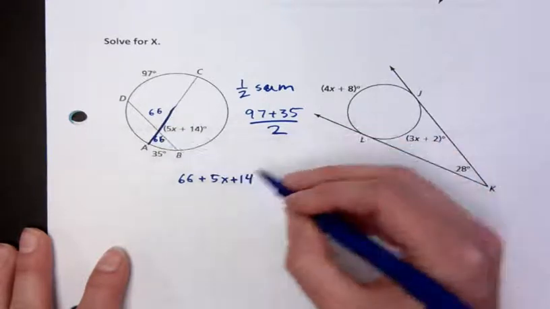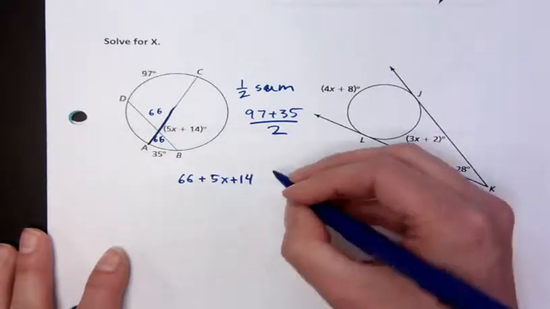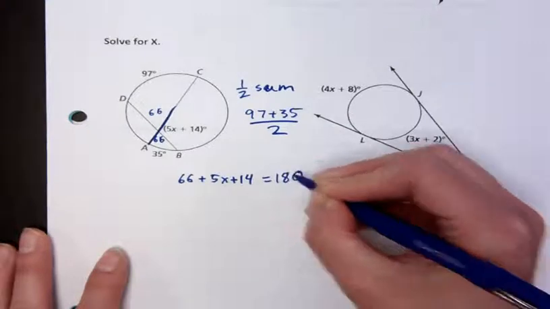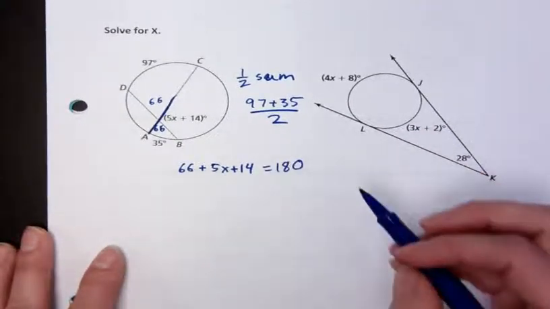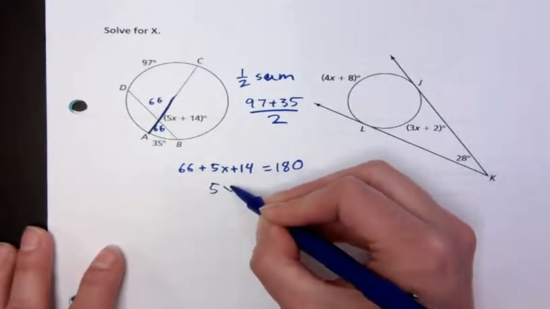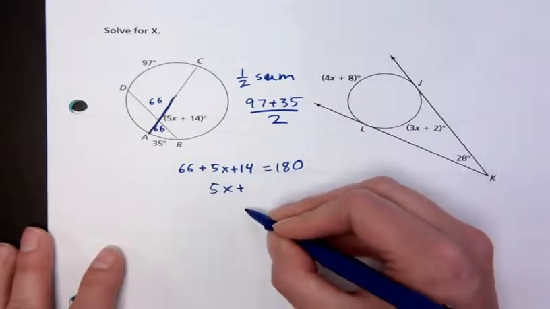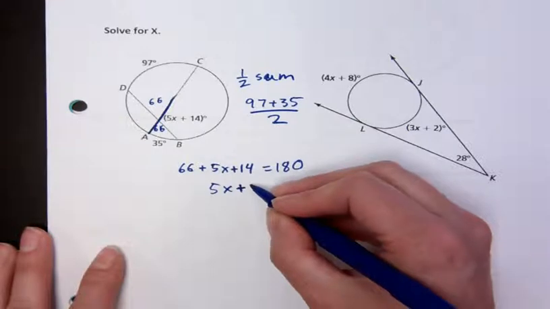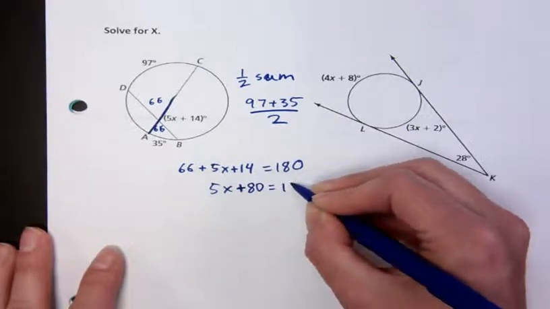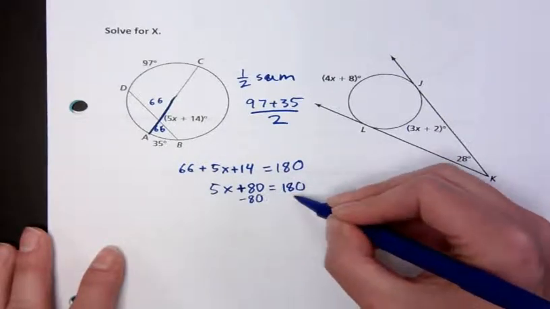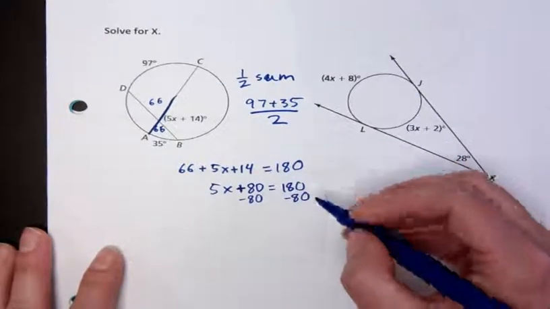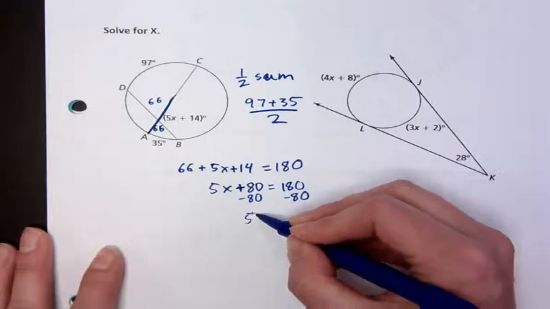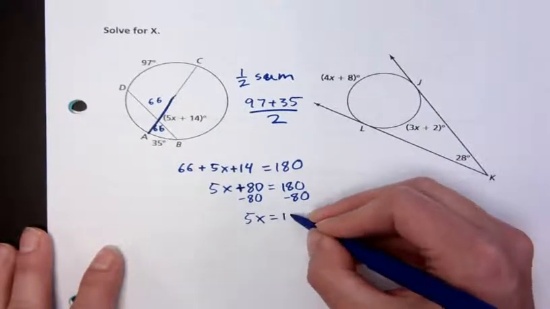So I know this is 66, so 66 plus 5x plus 14 equals 180. And who can solve this faster than me? I just got two different answers there, so I'm going to keep working it. What did you guys say x was? Yeah, x equals 20.